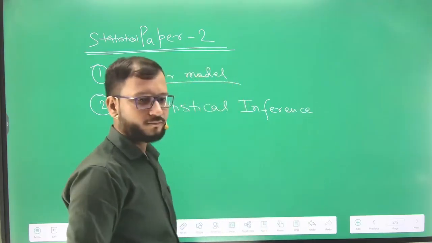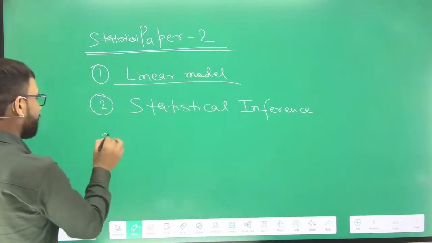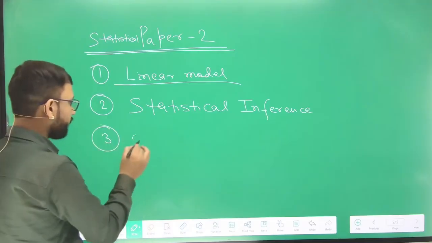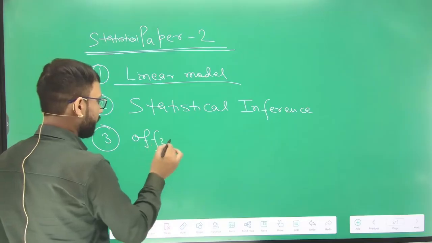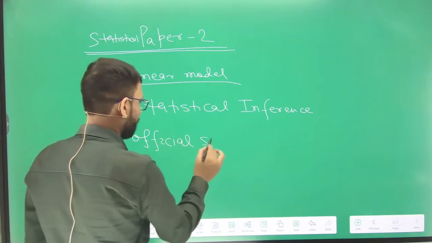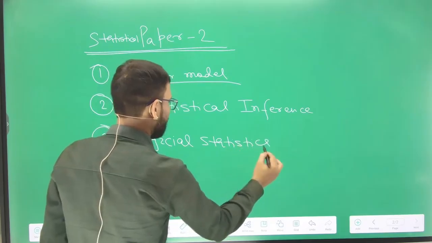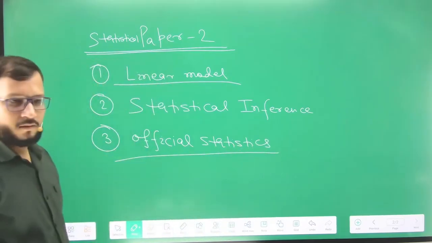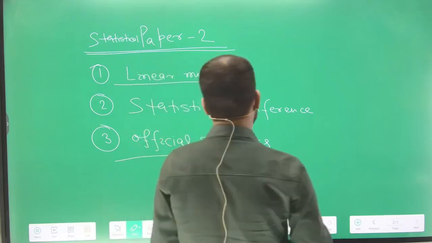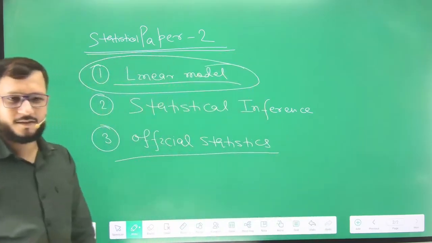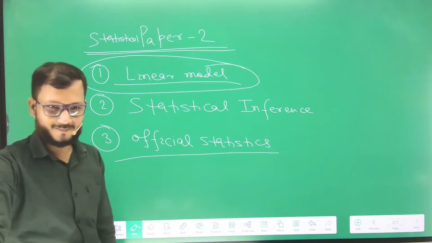Got the point? And the third is official statistics. Clear? There are 3 sections, out of which the first one seems easy and is easy.